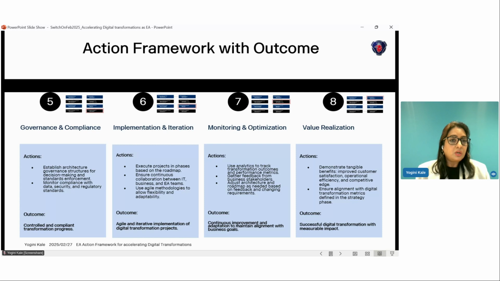Then comes, once we have clarity on the architecture side of things, then you need to look at the governance and compliance aspects, which are I would say very, very important in today's world with so many regulations and standards that industries need to comply with.